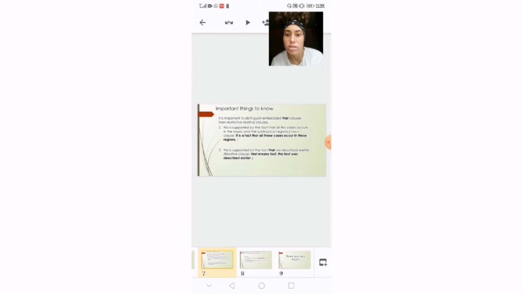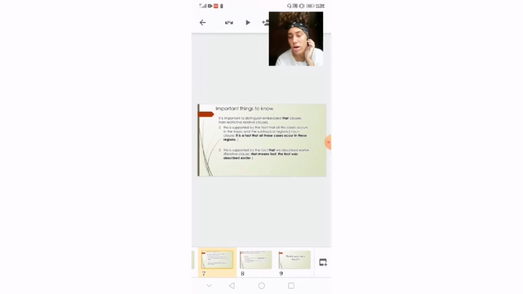The noun clause is: it is a fact that all these cases occur in these regions. I want you guys to know that the embedded clauses use the pronouns who, that, where, when, whose, and which.